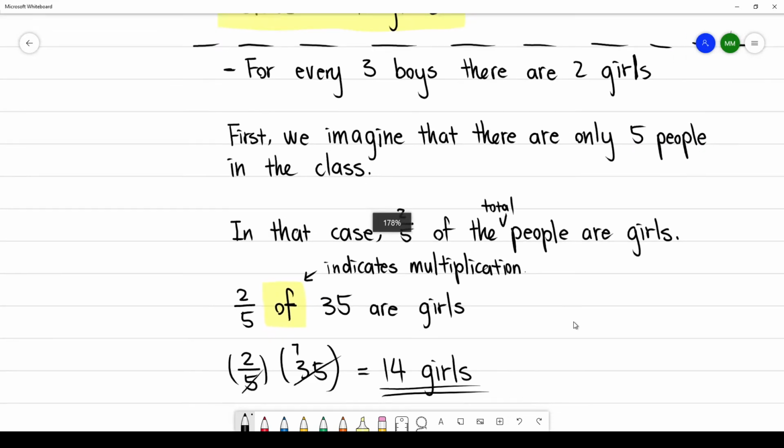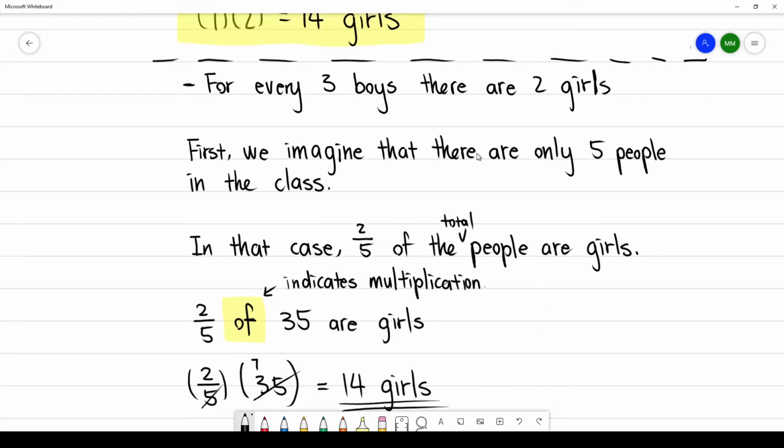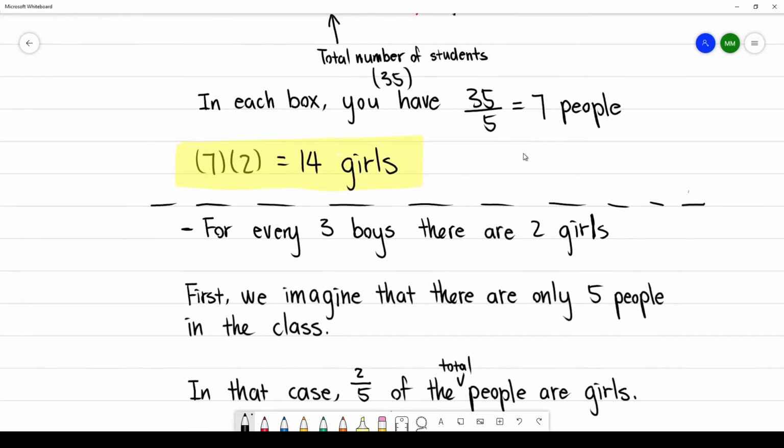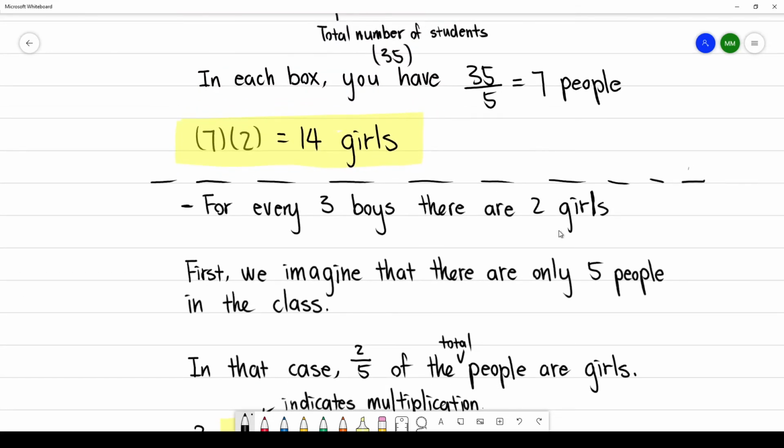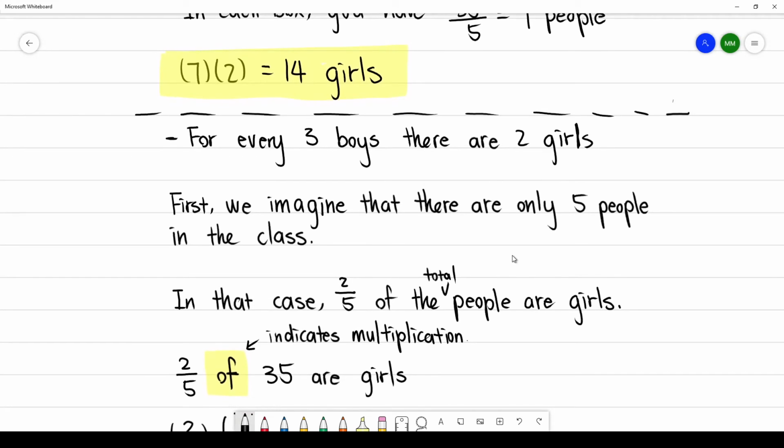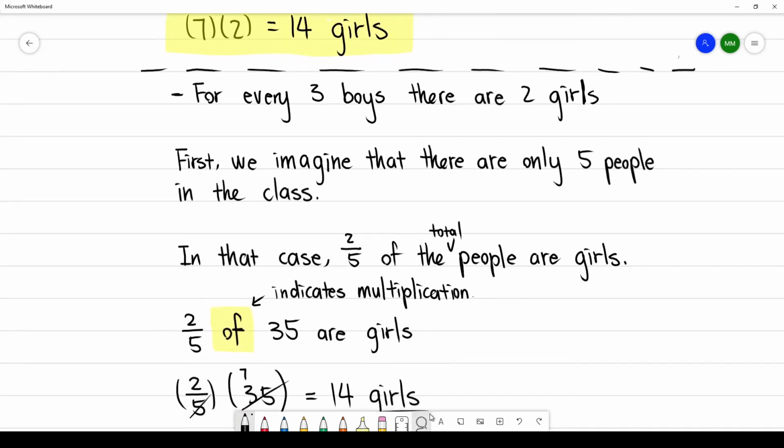So the key to this method is actually to imagine that there are only 5 people in the class. So 3 plus 2 is 5. So if the ratio is 4:3, then you imagine there are 7 people in the class. And now this is actually the key. You have to notice this proportion.